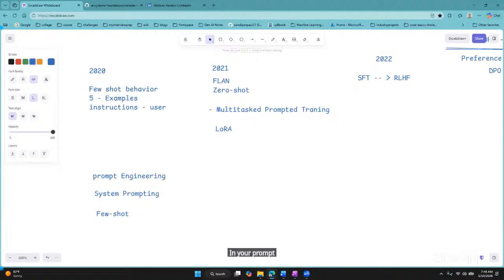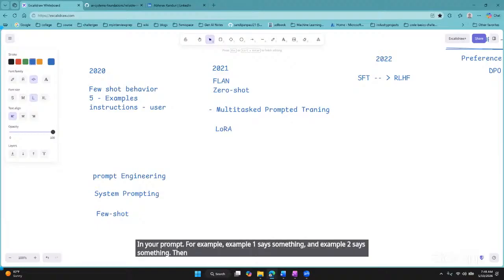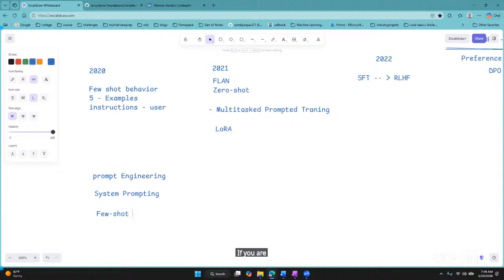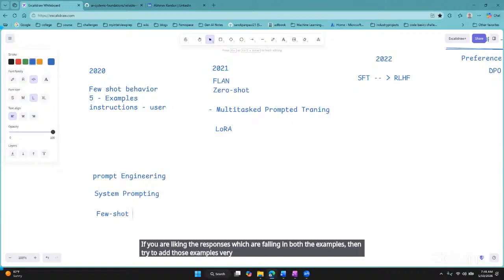For example, example 1 says something and example 2 says something. Then, if you like the responses falling in both the examples, try to add those examples very detailedly so that your response is not deviating out of the box.